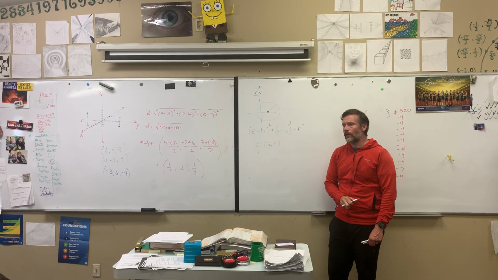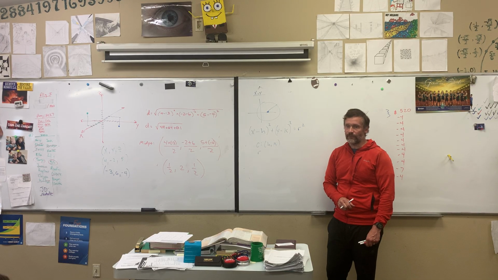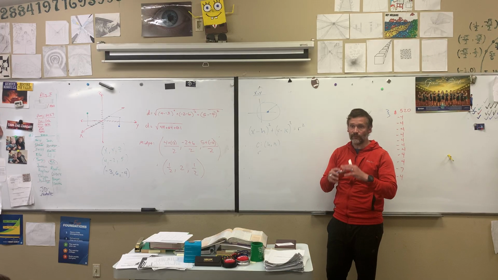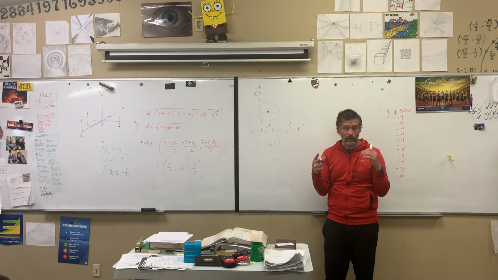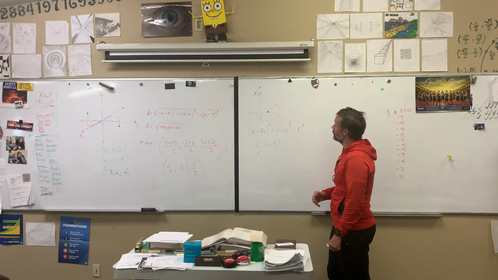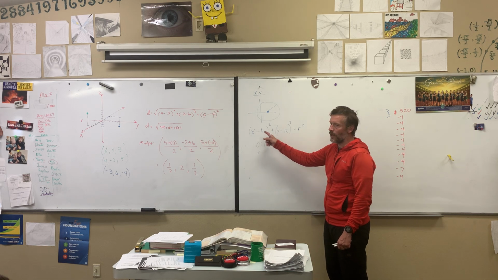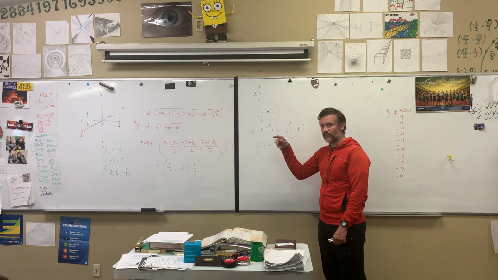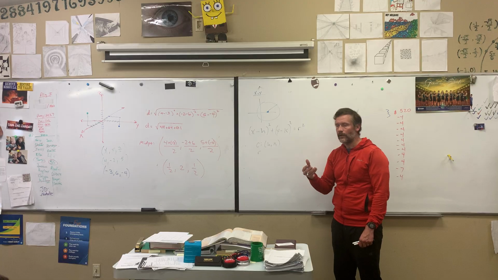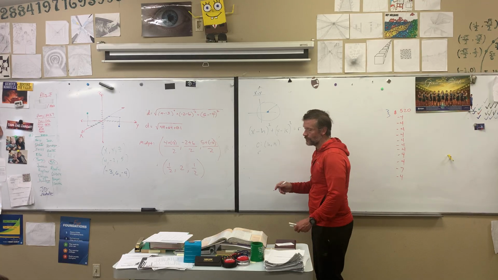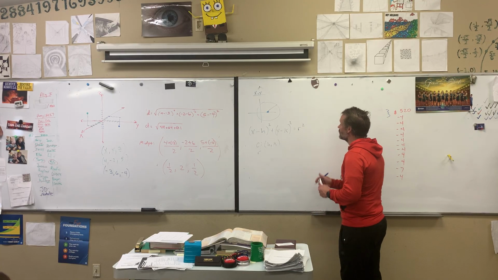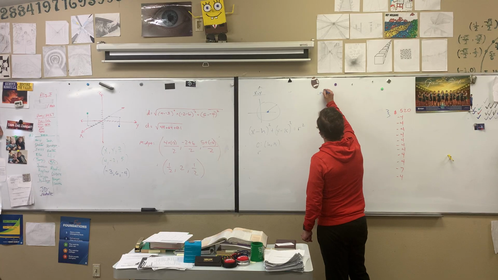Now, when you have the center of a sphere, sphere implies three-dimensional. It's the same equation, except you're going to add a third component. For the sphere equation, they're going to ask a question like, what is the center of the sphere?